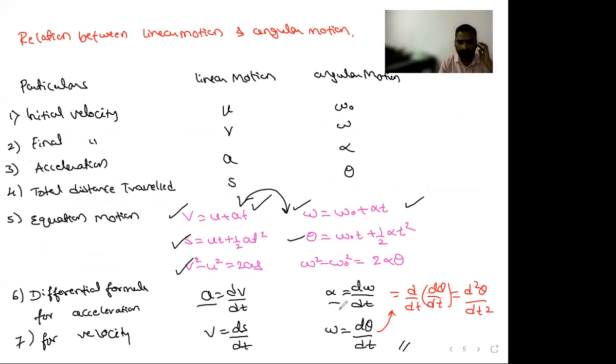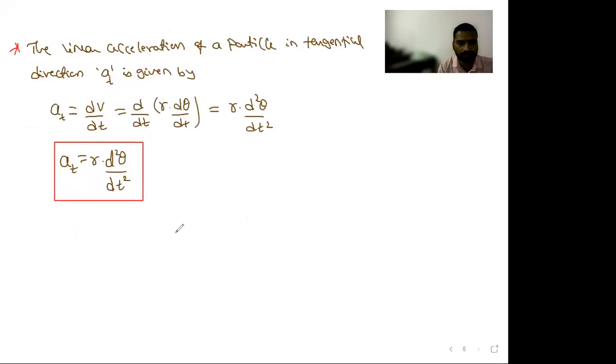Is it correct? Yes. So in place of d square theta by dt square, I can write alpha. So that is equal to r times alpha. R times alpha. All of you read on this now.